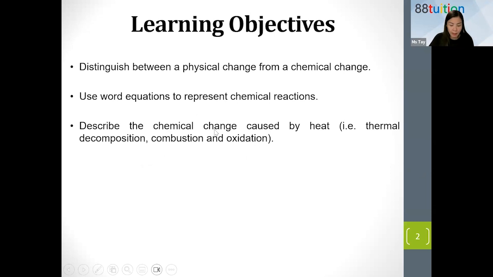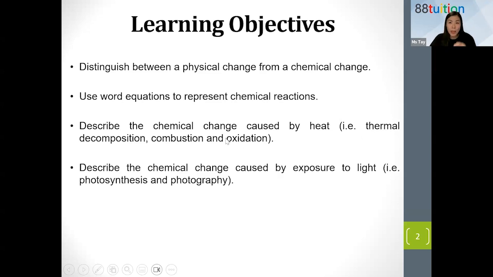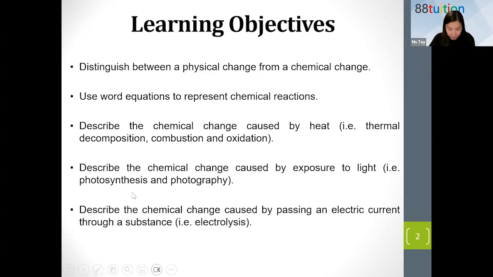Today we are going to learn about the chemical change that's caused by heat. For heat, we can call it thermal decomposition, combustion, as well as oxidation. There is also another chemical change that you must know. It's actually due to exposure to light. So basically you need to know photosynthesis and photography. Now the word photo, inside photosynthesis and photography, already suggests it has got to do with light, right?